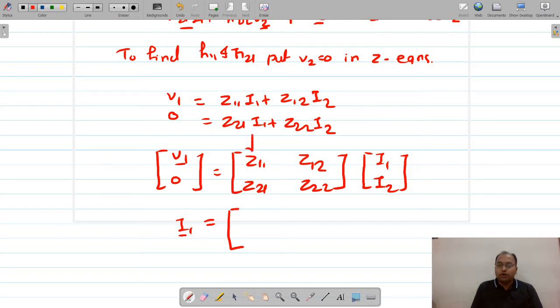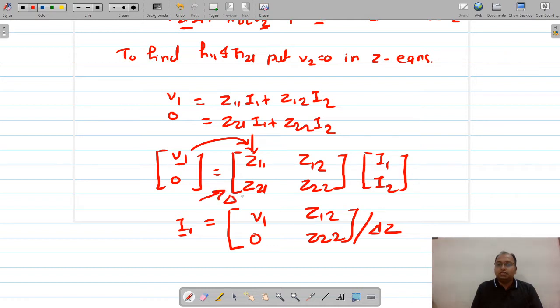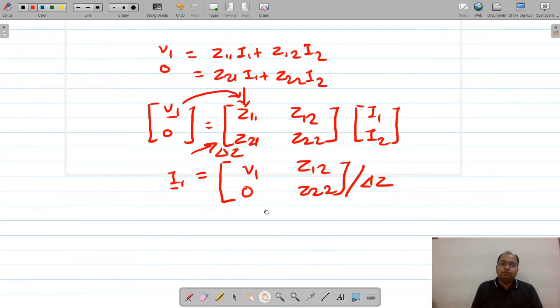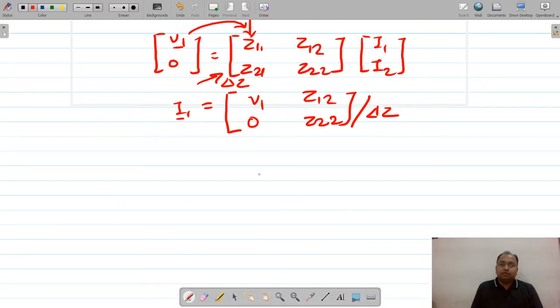So the first column we are going to replace with this column matrix, V1 and 0, with z12 z22, divided by delta z. Delta z is nothing but this determinant, which you know very well. So how is it going to get simplified? Only this multiplication is possible, the other is not possible because it is 0. So V1 into z22 divided by delta z equals I1.